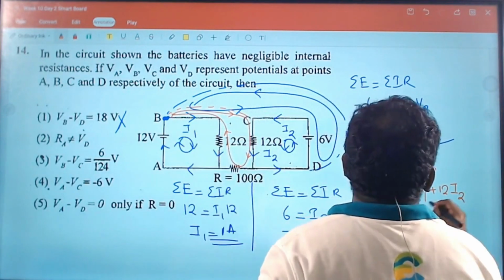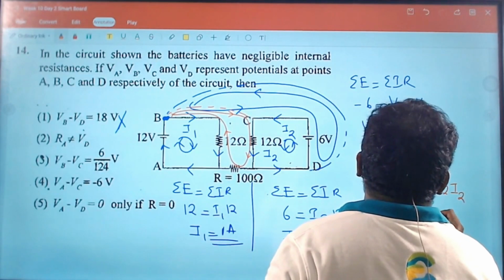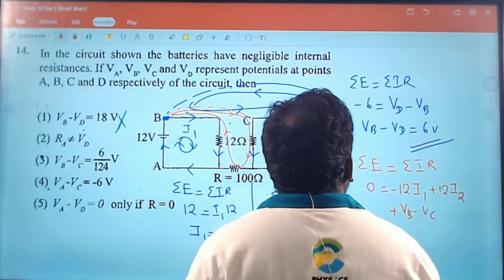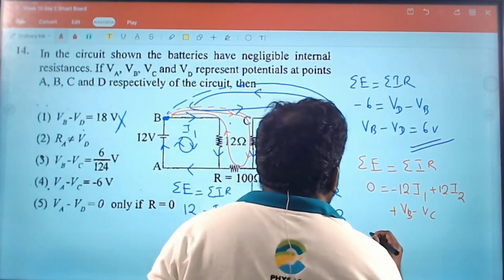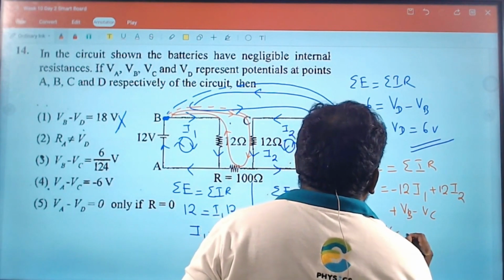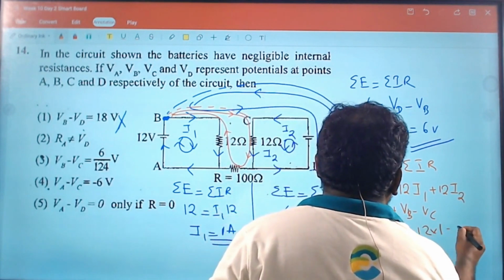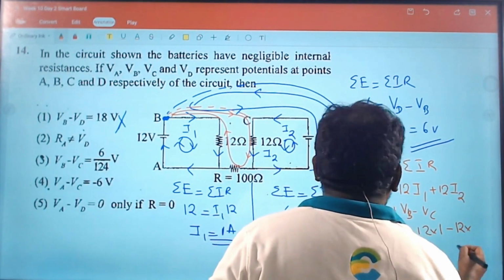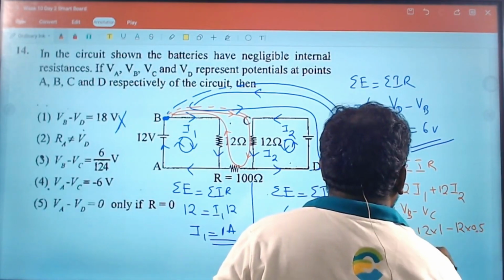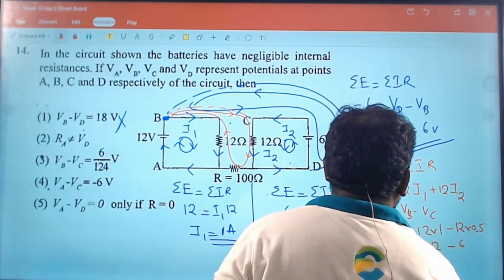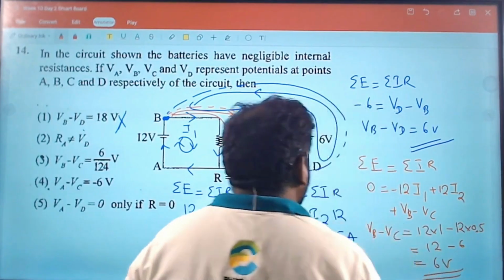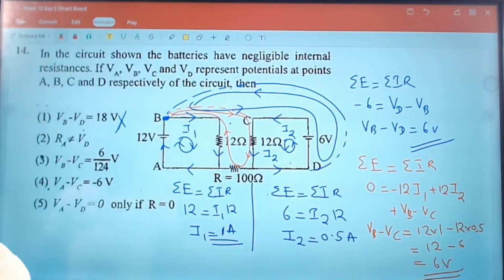Joining B and C, VB minus VC. Simplified. VB minus VC is 12I1 minus 12I2. VB minus VC is 6 volt.